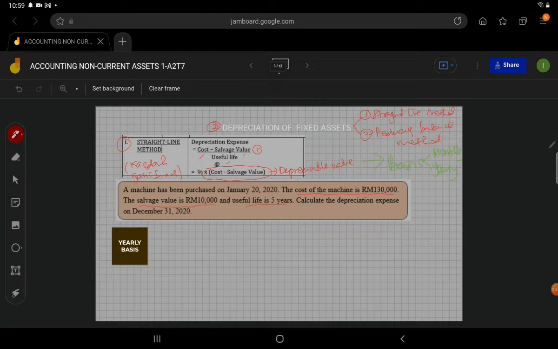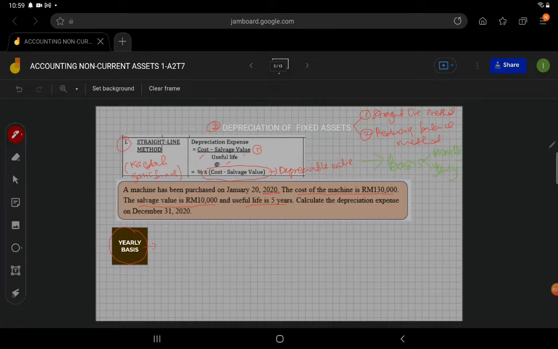Okay, calculate the depreciation expense. Okay, nak calculate, kena tahu dulu basis dia apa. Basisnya adalah yearly basis. So, tadi kita dah tengok, bila yearly basis, okay, tengok pada tahun pembelian dia, 2020.